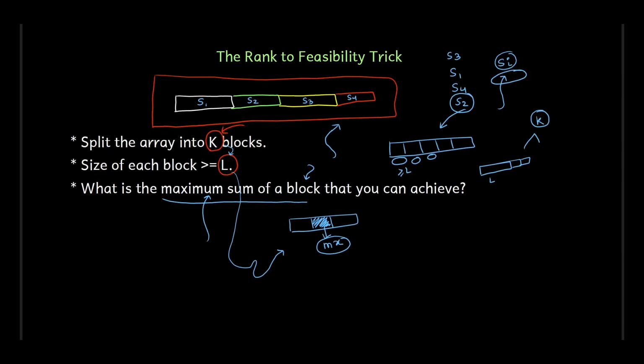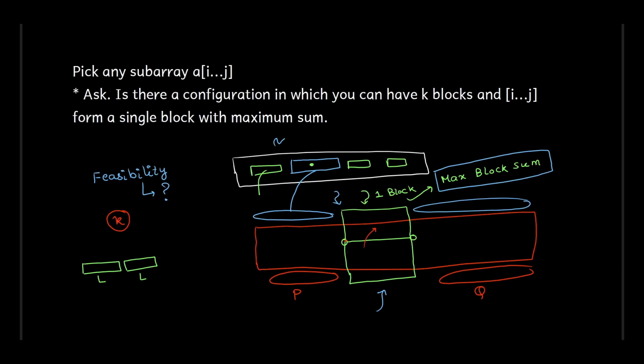Because if you end up creating k plus 1 blocks or k plus 2 blocks, there is no harm in it. Because each length is greater than or equal to L, just merge two blocks into a single block, and you are back to exactly k blocks. So it is always optimal to retain your chances of creating as many blocks as possible.